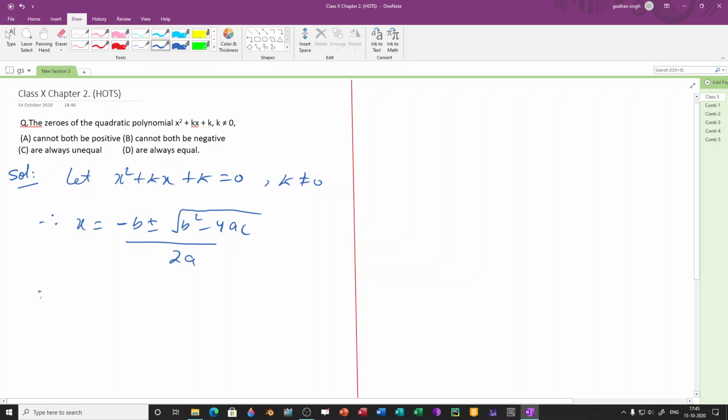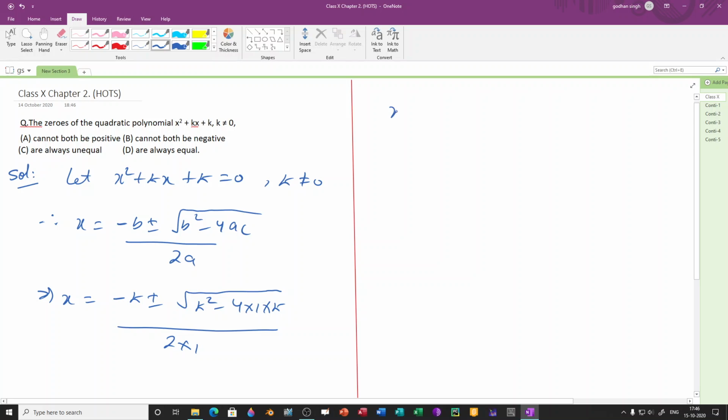So this implies x equal to minus b, what is our minus b? That is minus k plus minus square root of b square, which is k square, minus 4a, a is 1, c is k, over 2a, that is 2 into 1.